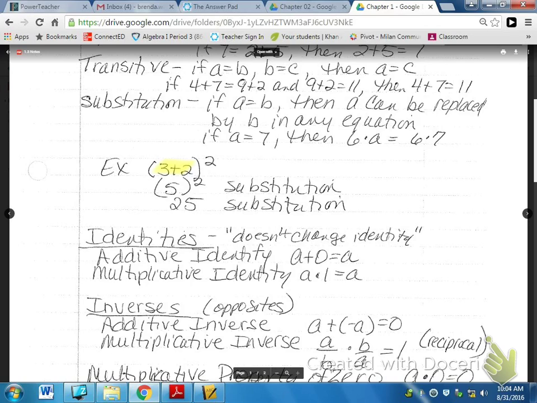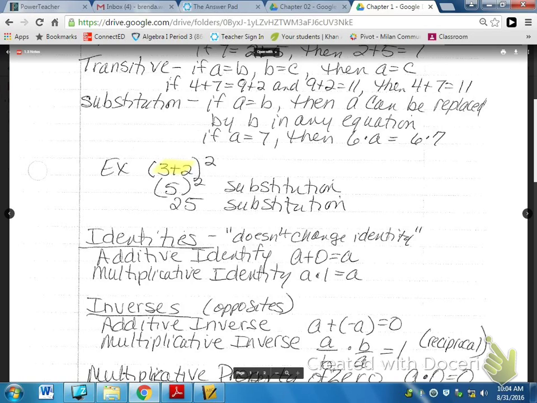So that's what you plug in, 5. That is just a substitution. You substituted 5 in place of 3 plus 2. Then next, instead of 5 squared, you would write 25. Again, that's just a substitution. So that's using the properties of equality, and you'll be using those for problems today.